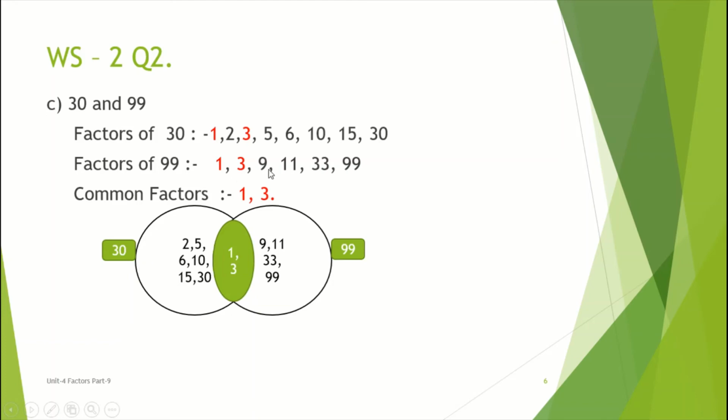And 9, 11, 33 and 99 are the uncommon factors, which I will place in the circle of 99.